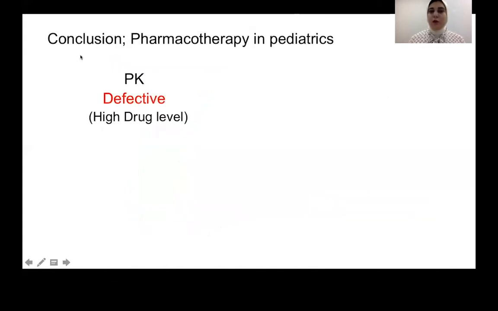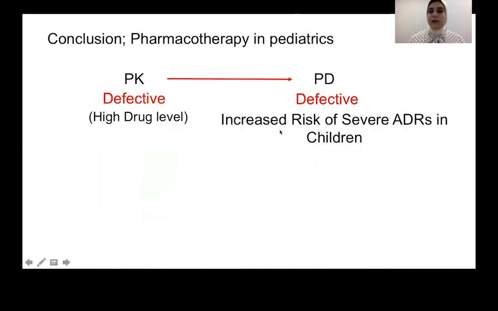So, in conclusion, pharmacotherapy in pediatrics has defective pharmacokinetics, which means high drug level. This leads to defective pharmacodynamics with increased risk of severe adverse drug reactions in children, unexpected adverse drug reactions, and so leads to toxicity because of the narrow therapeutic index.